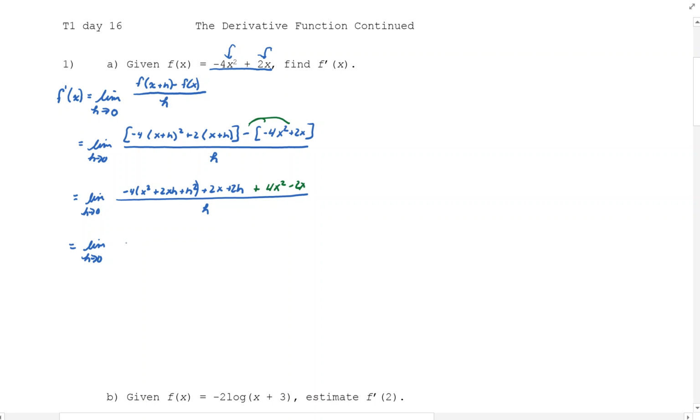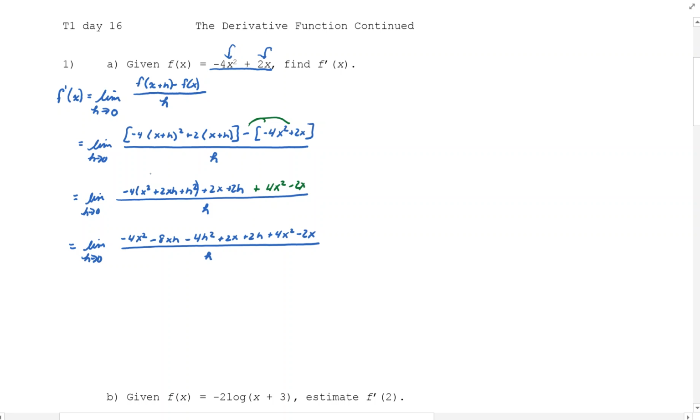And I have negative 4x squared minus 8xh minus 4h squared plus 2x plus 2h plus 4x squared minus 2x, all over h.